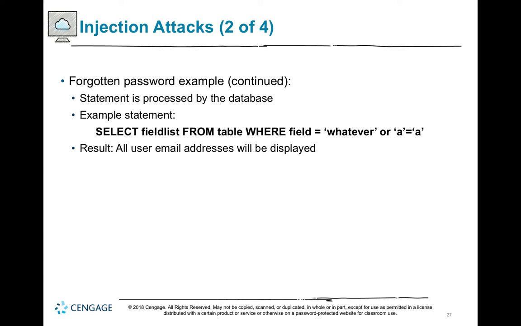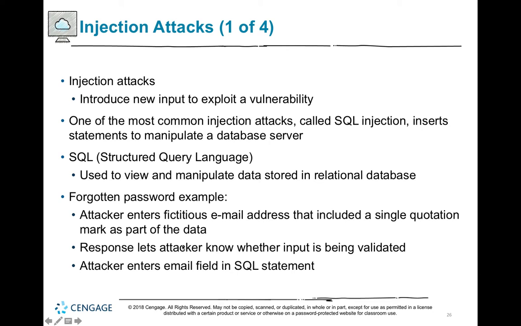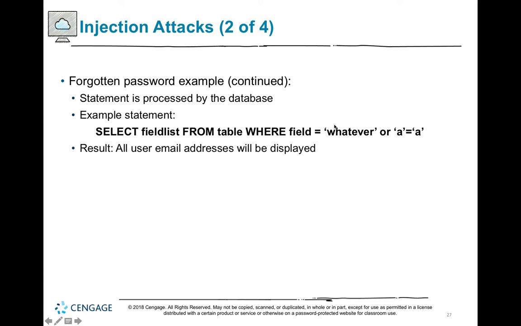So in that example, they would select a SQL statement: field list from table where field, or in this case, it's probably that email address they're looking for, equals. Right, and so this is how the attacker would manipulate that SQL command to do something else.